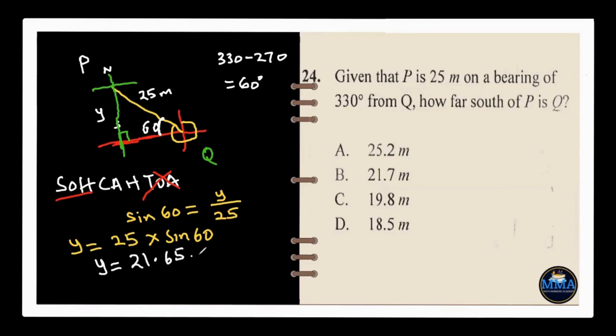There are other numbers that will follow. But because all the answers given here are given to one decimal place, that's why I'm not considering the remaining numbers. The only number that we are fed is 5, so it rounds to 21.7.